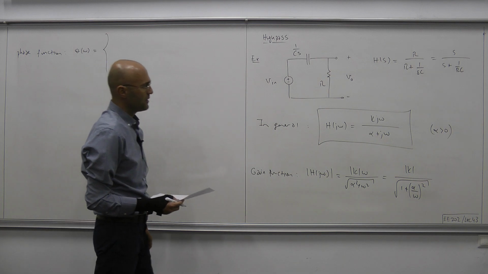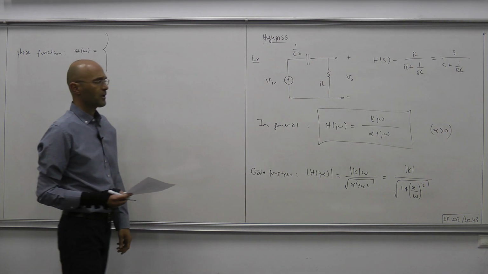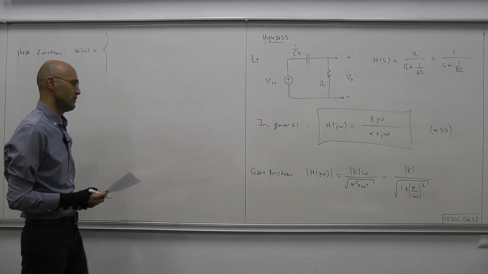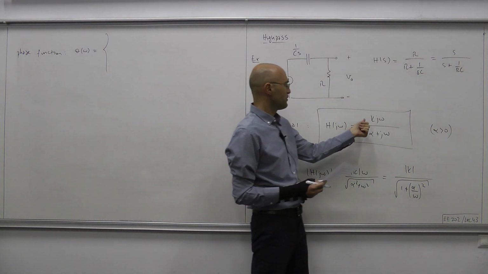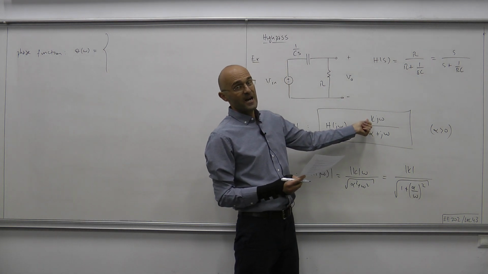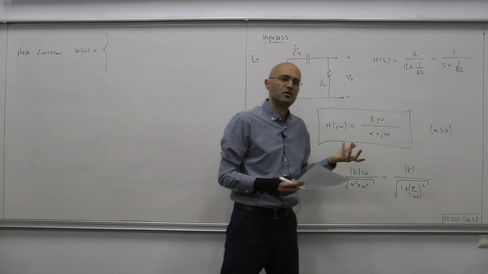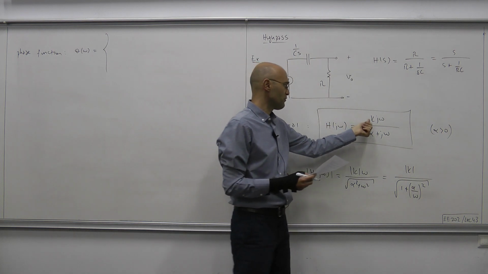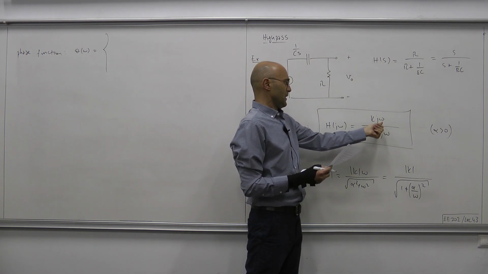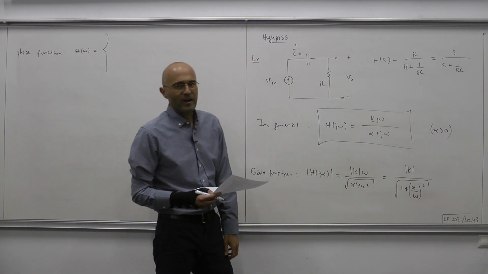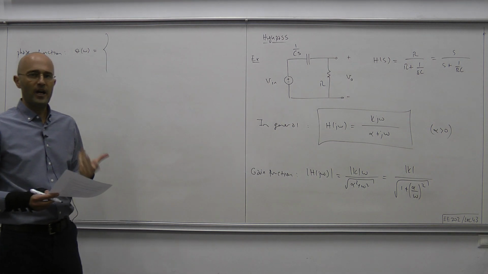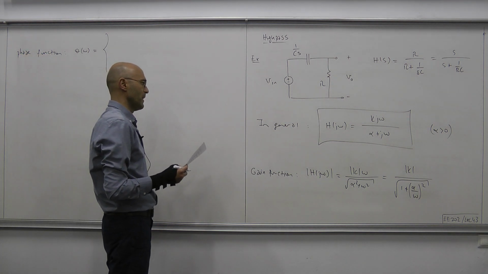The phase of the denominator is arctangent omega over alpha. And the phase of the numerator is the phase of K plus the phase of j omega. If K is positive, then its phase contribution is 0. And the phase of j omega is always 90 degrees, independent of omega.